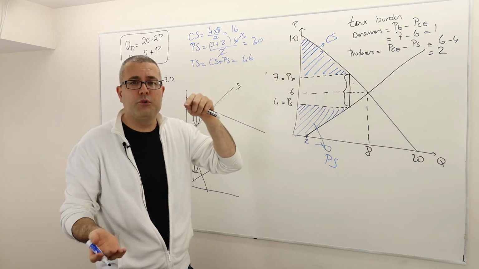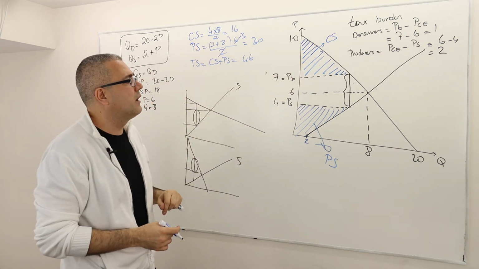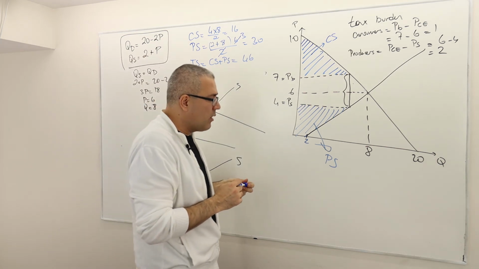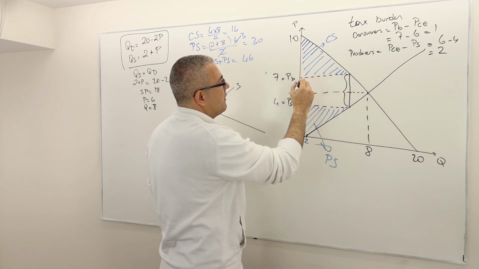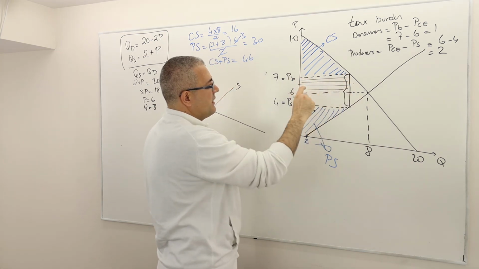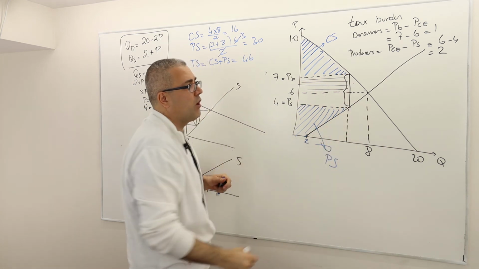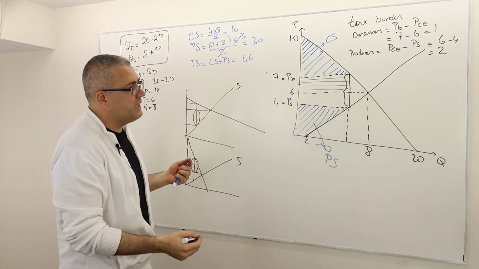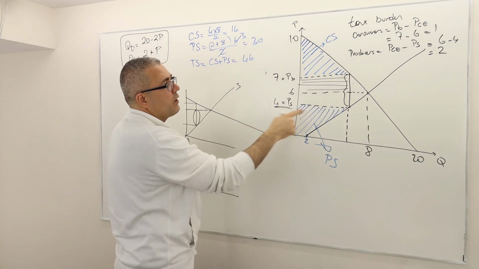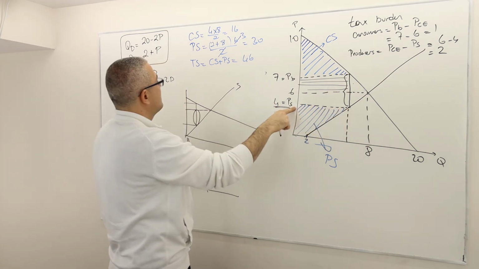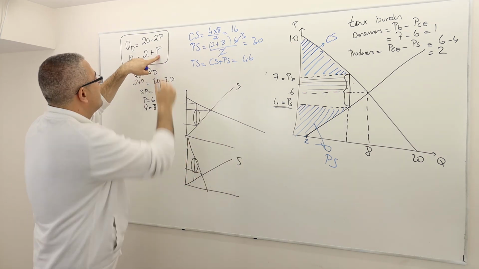Clearly, both producer and consumer surplus shrink relative to the no tax scenario. What else? Well, this rectangle, the size is tax times quantity. You need to find this quantity, by the way. But it's easy, right? Once you know the price for the sellers, go to the supply curve and plug in this price. So here the P is PS.